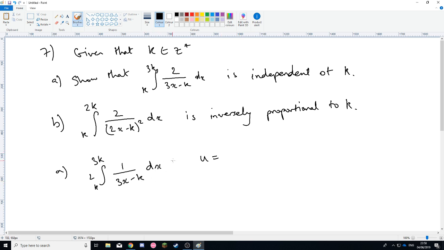So you can say for now, let u equal 3x minus k. And if you're thinking that, oh yeah, the integral of this is going to be ln, yeah, you could have done that through reverse chain rule, but I'm just going to go through substitution for the sake of showing it. So du by dx will be equal to 3.